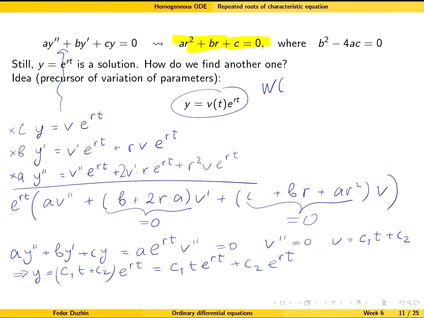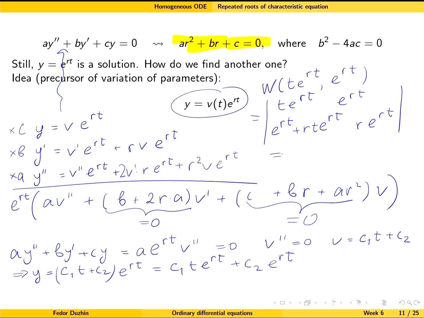So the Wronskian of t e to the rt and e to the rt is the following determinant. The first row is just the functions, and the second row are their derivatives. So the derivative of t times e to the rt is e to the rt plus rt e to the rt, and here I have r e to the rt. Okay.